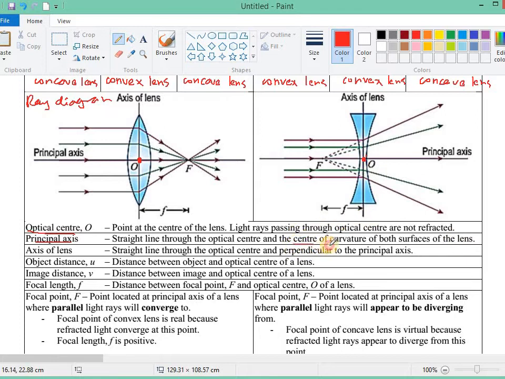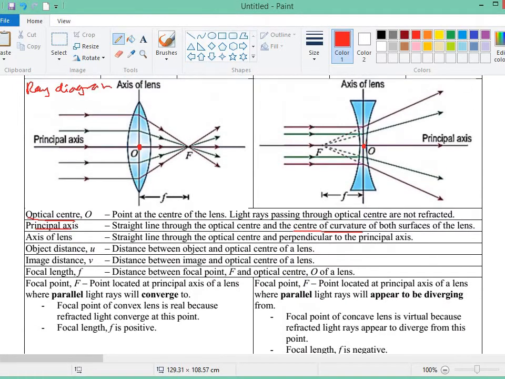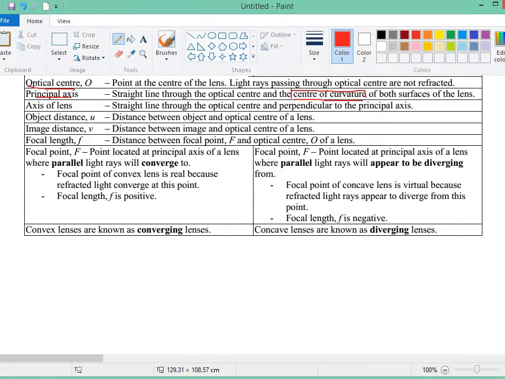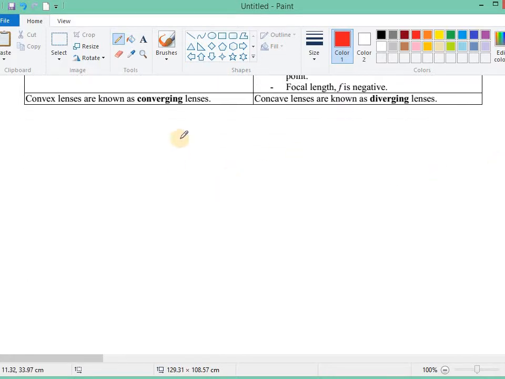Okay, so what is center of curvature? I want to explain what is center of curvature. Because the lens is curved, for example, a convex lens is curved.